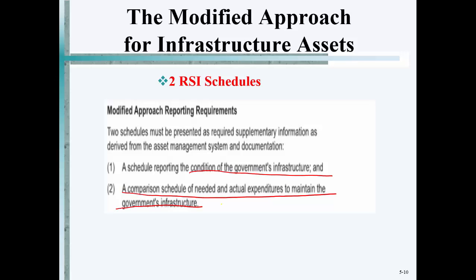So if you look at the RSI for a city, you would see two schedules. One is going to be a condition assessment.